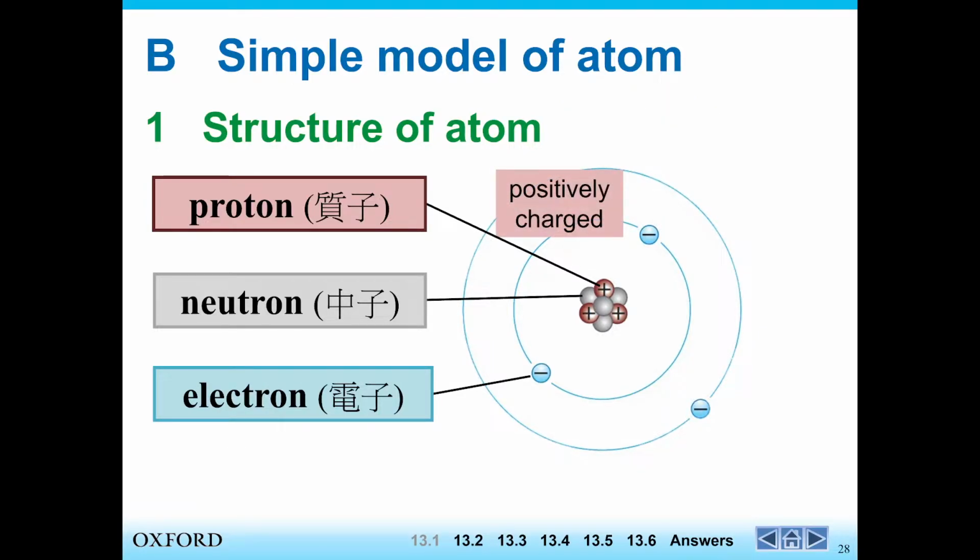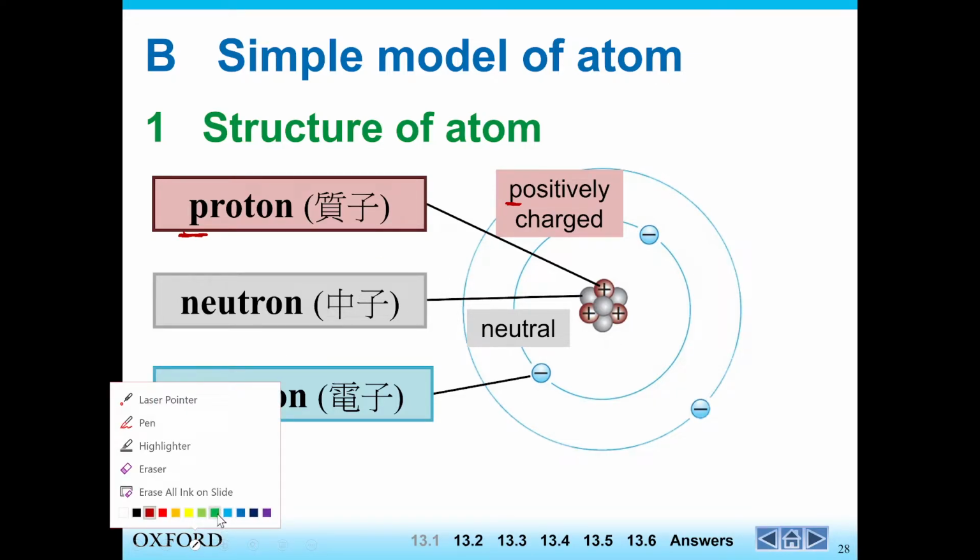Protons, as I said earlier, are positively charged. To help you memorize this, proton has a letter P, and positive also starts with a letter P. Neutrons do not have any charge, they are neutral.